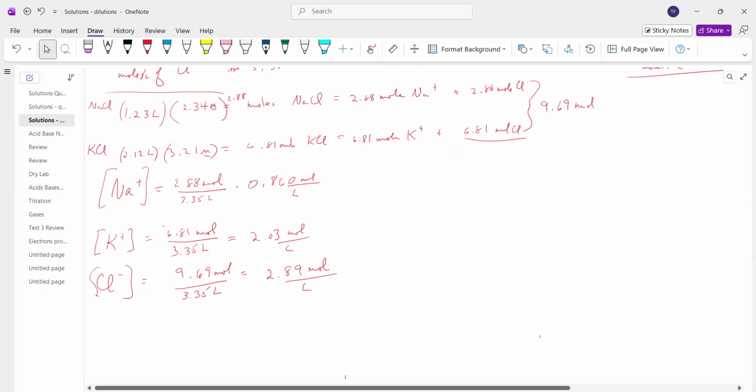All right, so are there any questions about this one? We have two sources of chloride, so we need to find each one and then add them together. We've got the sodium solution, we can find the moles of sodium chloride, which is the same as the moles of sodium. Moles of potassium chloride, same as moles of potassium.